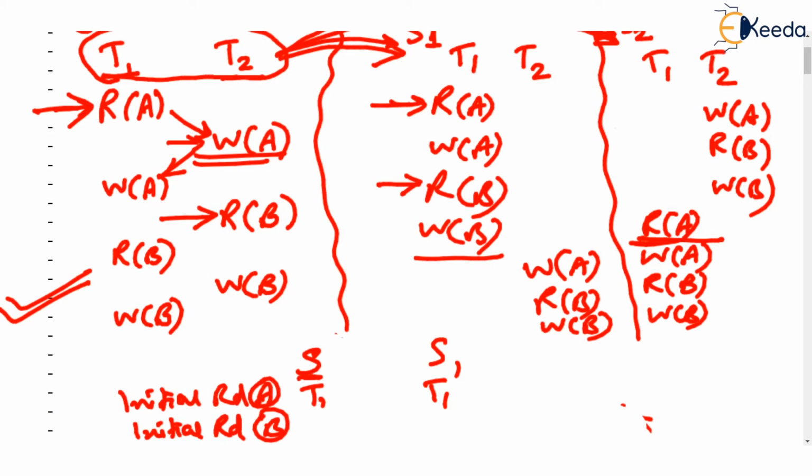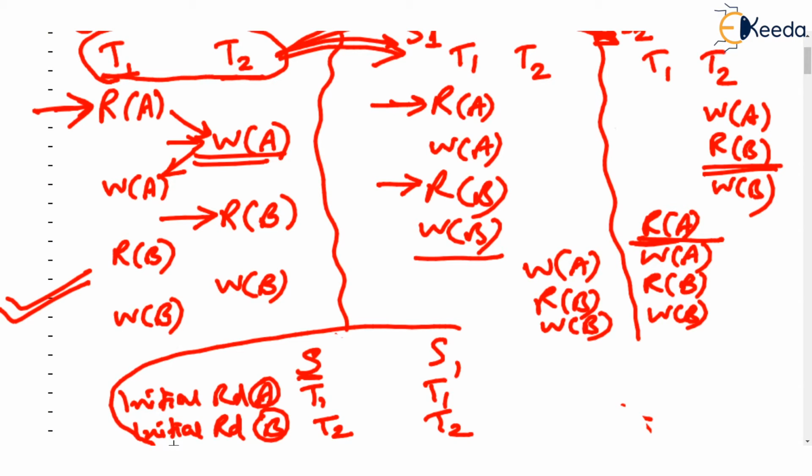Initial read on B in S is done by T2. We have seen that earlier, or you can confirm it from the schedule given. And who is doing initial read on B in S2? In S2, initial read on B is done by T2. Fine. That means the condition for initial read on both the data items is satisfied.